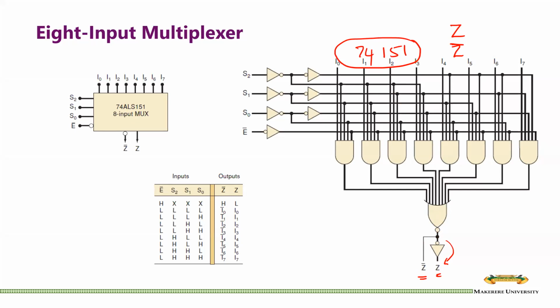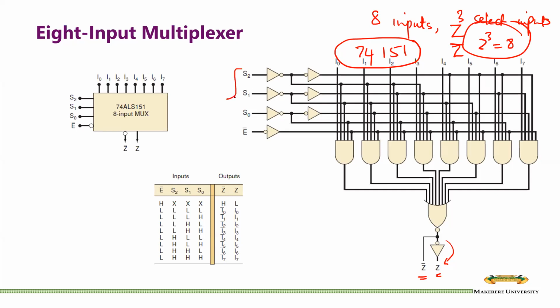Because now you have 8 inputs, we need 3 select inputs, because we know that 2 to the power 3 is 8. That means that each of those inputs can be selected by a unique code of select inputs.